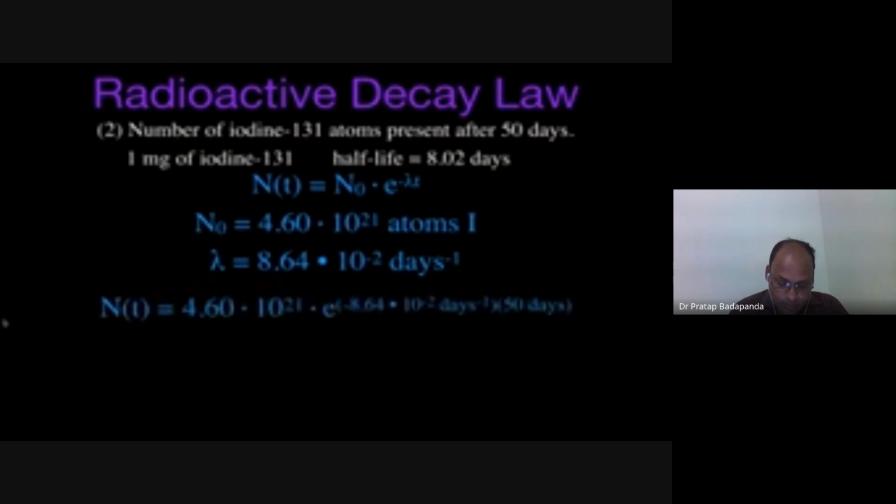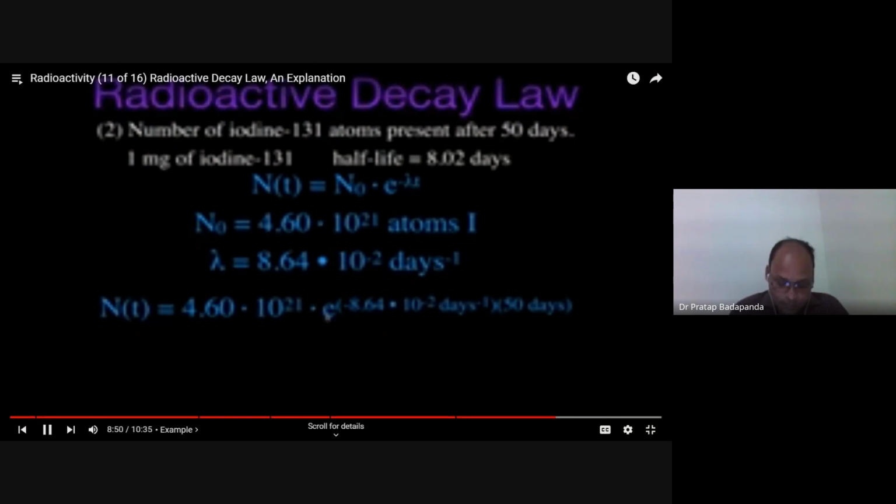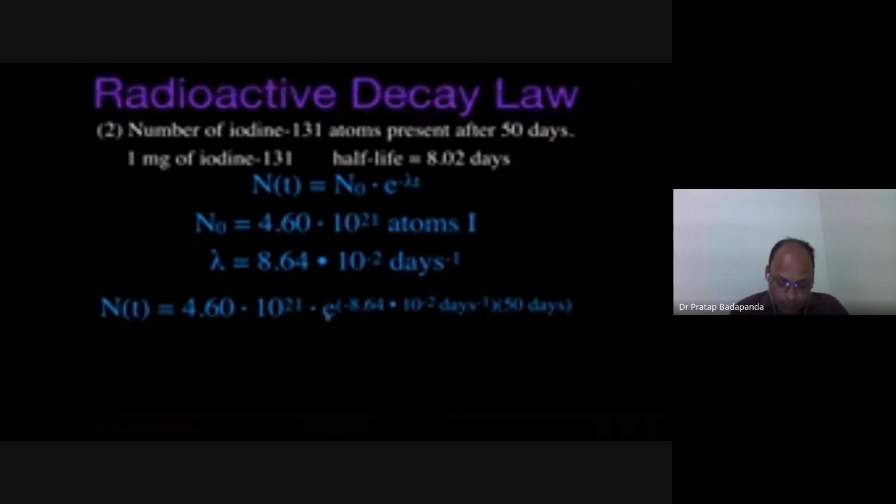So all I did was I wrote the equation down up here. All I did was plug in e, I usually leave it as e. You could write down 0.693, and it's raised to the power of minus, don't forget the minus, 8.64 times 10 to the minus 2 days. Now this is days to the minus 1. We were dividing by days in the previous slide.